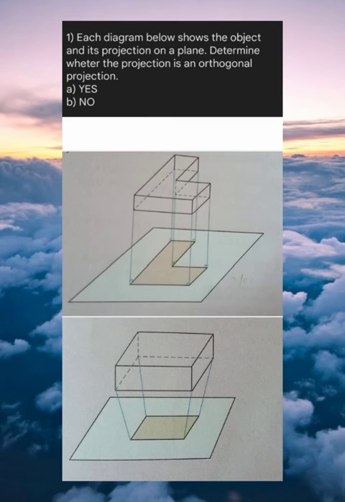So the answer is yes, because this picture has a straight line on the object. For picture 2, the answer is no, because it is not an orthogonal projection, because the object does not have a straight line at 90 degrees.